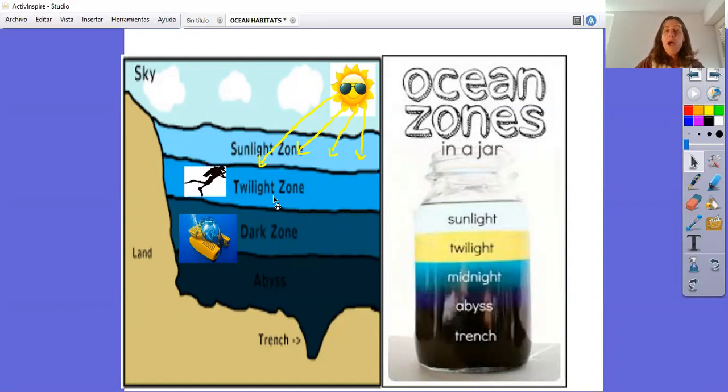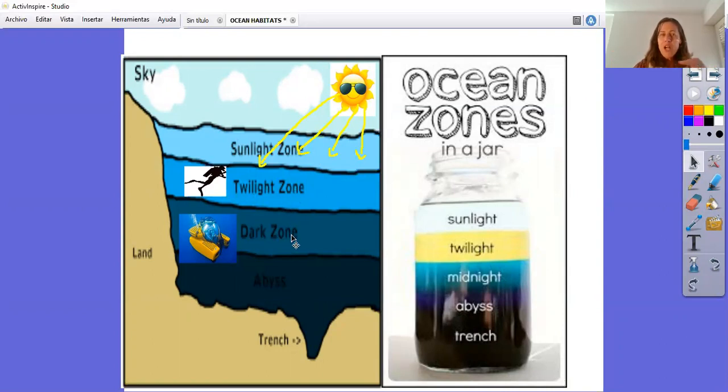Then we have the twilight zone, but look at the colors. What is going on with the colors? Yes, they're getting darker and darker and darker. Here is very light, like a baby blue. And then we have the twilight zone, and here is a bit darker, right?